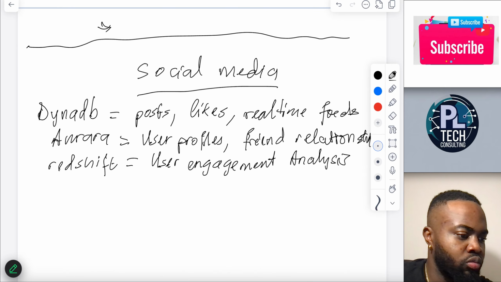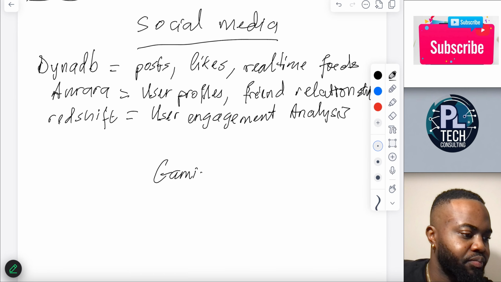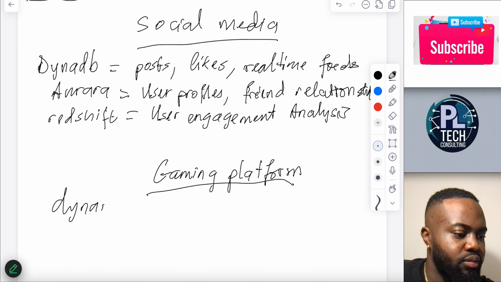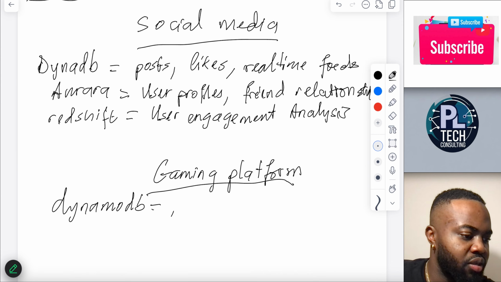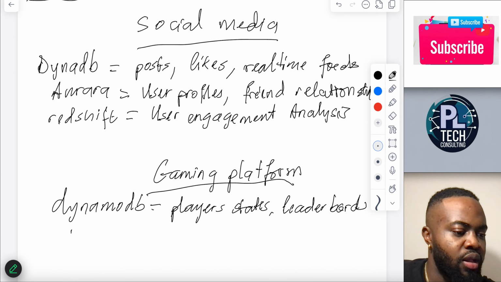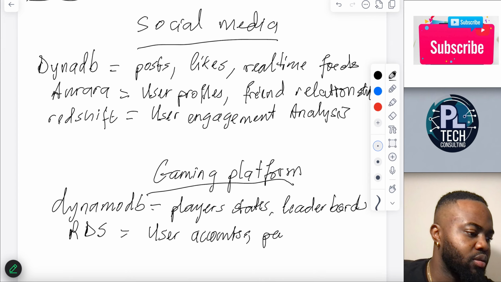And then if maybe the company was a gaming platform, DynamoDB will be excellent for player stats and leaderboards, while traditional RDS will be good for user accounts and payments.